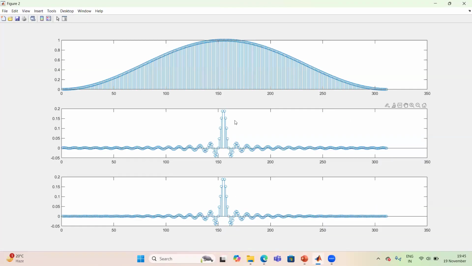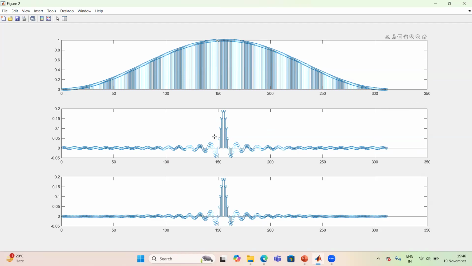You remember one very important point: although I have just taken a finite number of samples, while plotting this impulse response it must be extended up to minus infinity on this side and up to plus infinity on this side. But I have just taken a finite number of samples, and therefore I have got this kind of impulse response.